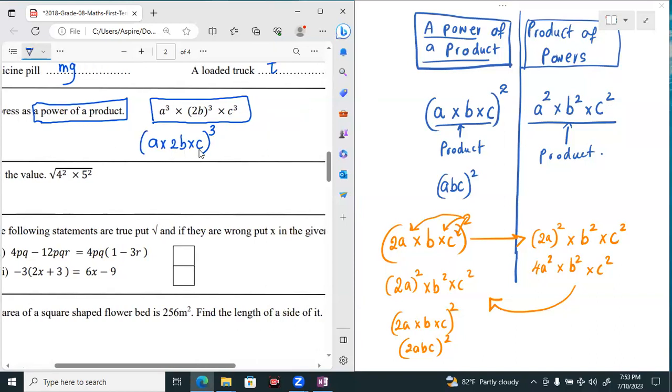Then a times 2 b times c, then you have to take the 2 first. That means you have to give the priority for the number first, then 2 times a times b times c power of 3. This is the power of a product. product එකක power එක. Okay, is it clear? පැහැදිලිද?